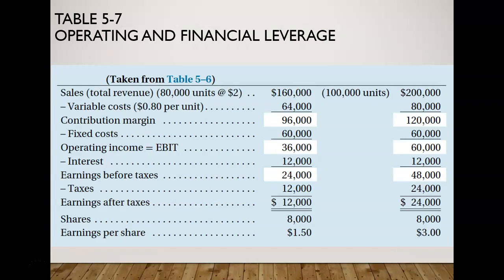So now, operating and financial leverage. Here we have both in the same table, showing from the start our sales and variable cost in terms of units, with 100,000 units being sold in one case and 80,000 units in the other.